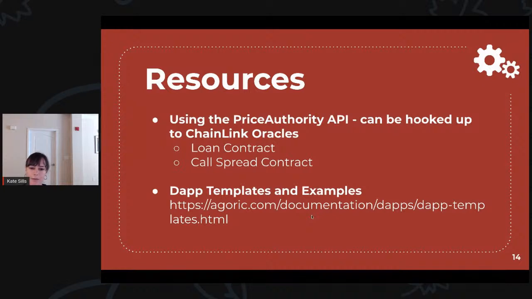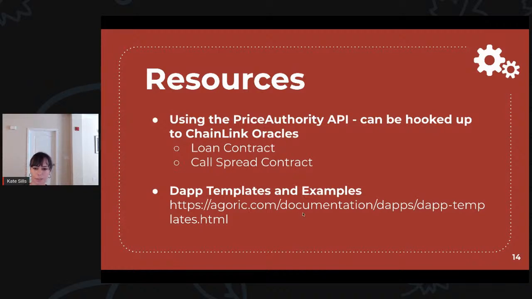If you've gone through some of these basic demos and you're looking for more that is specific to oracles, try looking at our price authority API. This is what can be hooked up to the Chainlink oracles. In later talks, we'll go through two contracts that use this. There's a loan contract, which is kind of like a maker vault in a way. There's a call spread contract, which is a financial instrument that allows you to take a certain position on what the future price is going to be of an underlying asset.